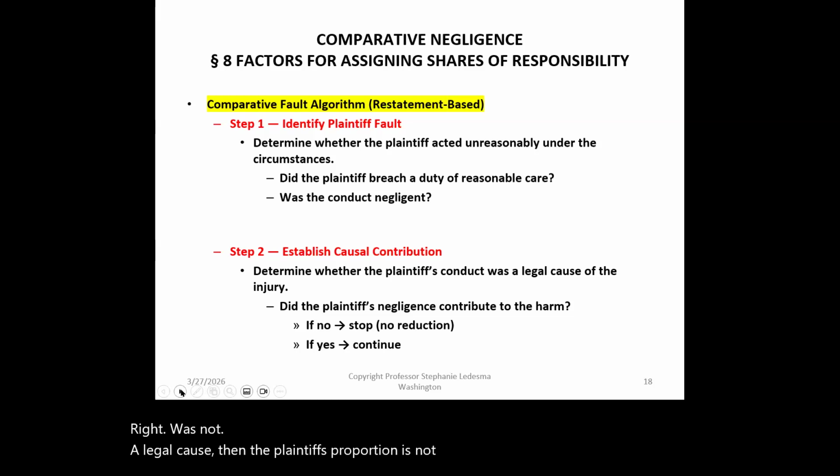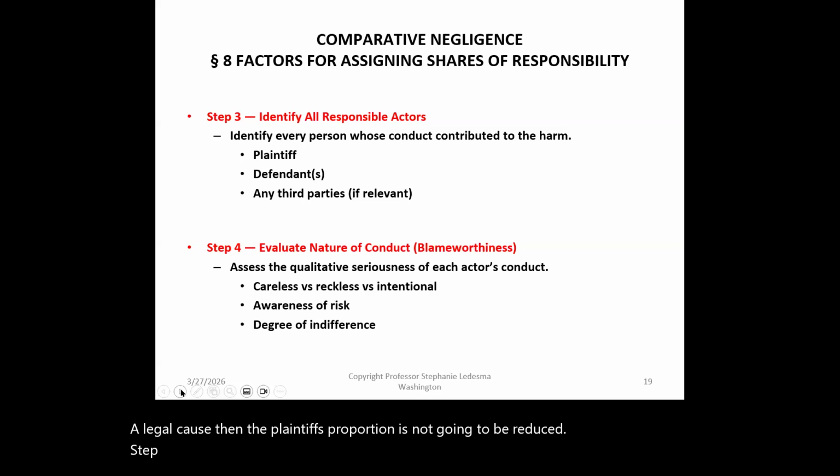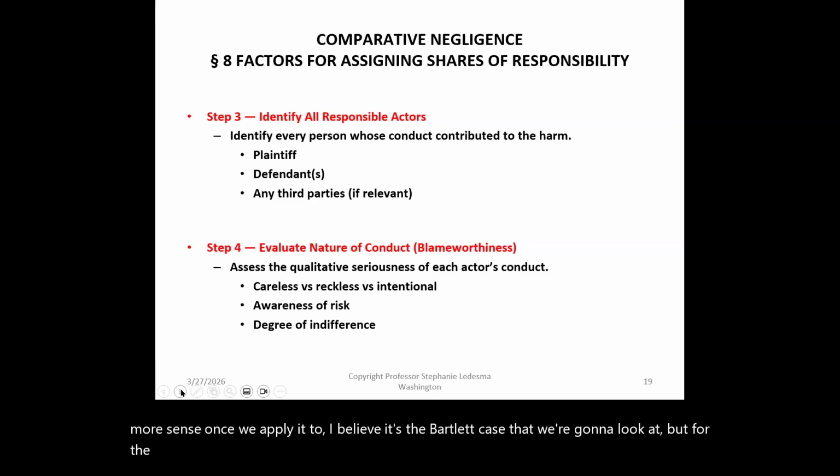Step number 3, I have to identify all the responsible actors. And this is going to make more sense once we apply it to, I believe it's the Bartlett case that we're going to look at. But for the time being, take my word, but put a pin in it, because you're going to prove everything, right?